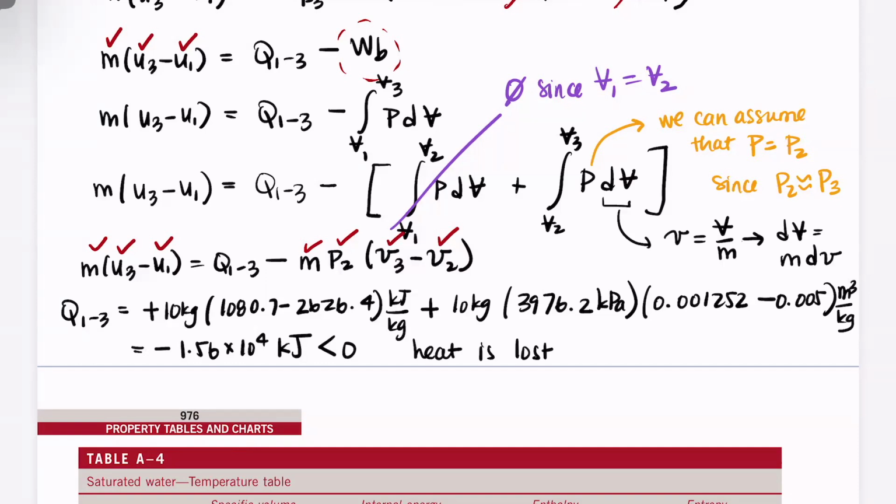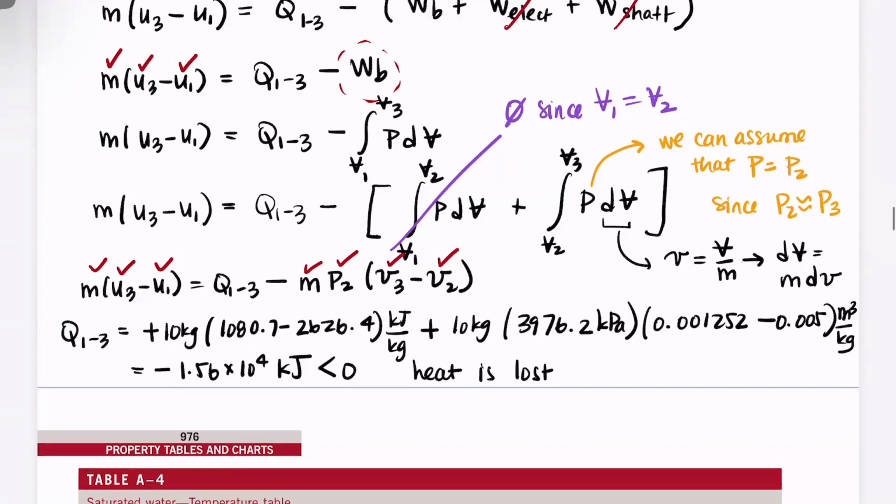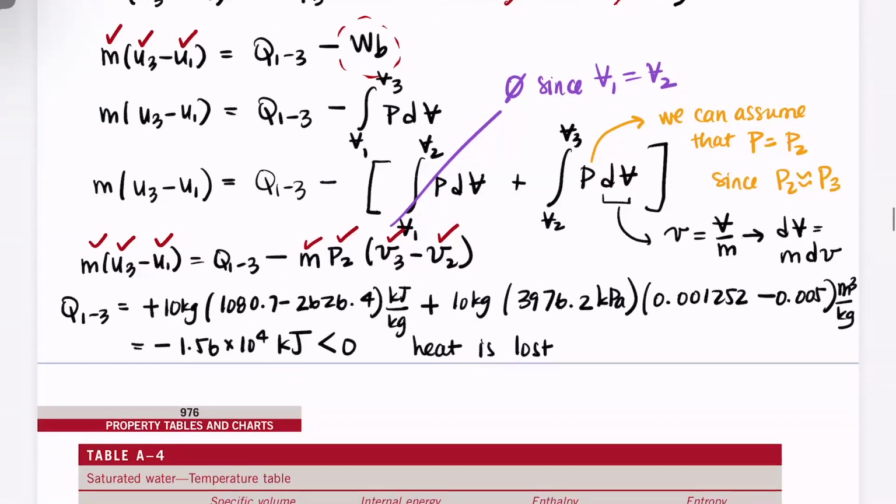Any other questions? Yeah. You have to get the integral in terms of specific volume. No, if you want to take your specific volumes and multiply by mass to get volume, that's fine. Either way. Do you mean like this line?